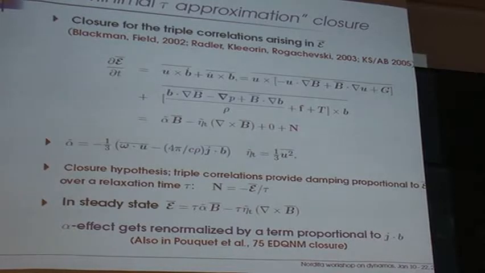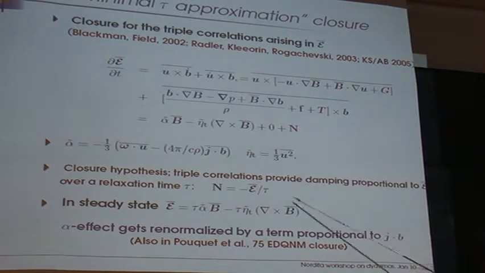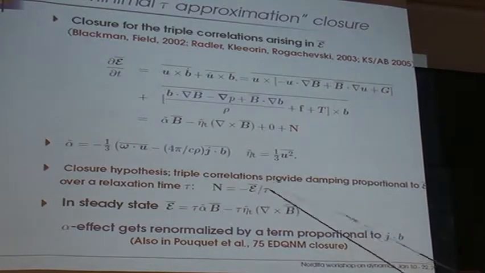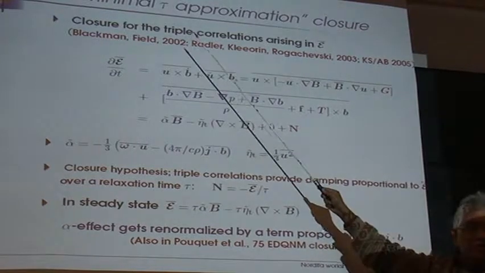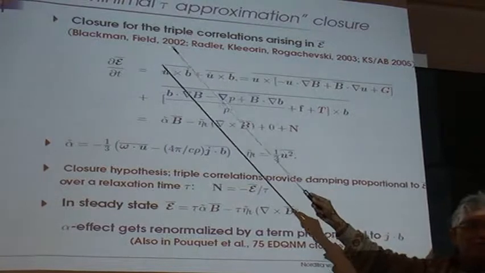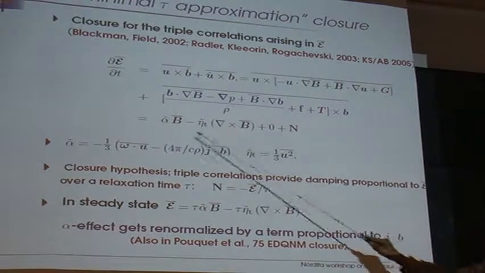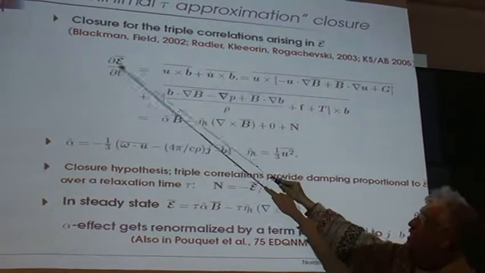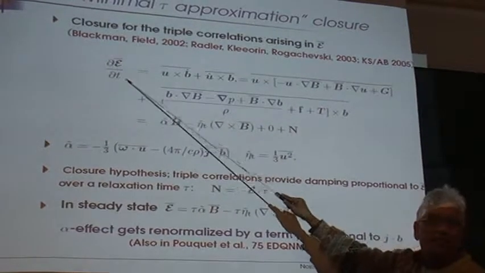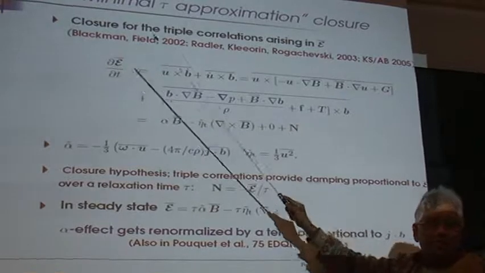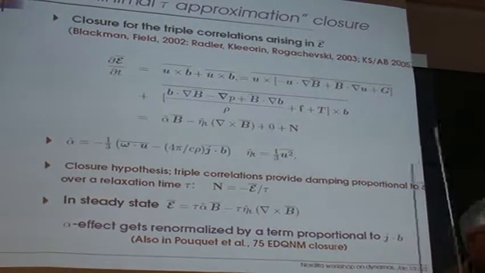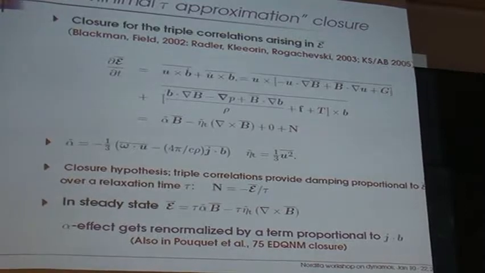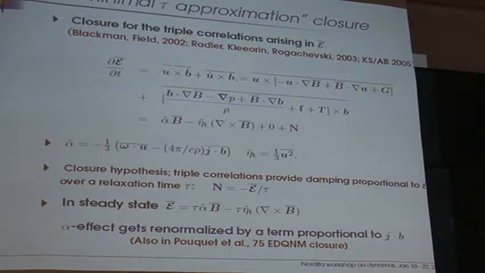And so if you had a system where there was no B bar, you should get just dE bar by dt should be just damped to 0. The E bar should be just damped to 0. That is the kind of simple motivation. So if you had none of these B bar terms and you just had this term, then you will have a simple differential equation, dE bar by dt plus E bar by tau equal to 0, which just exponentially damps E bar to 0. So if at some stage you switch off the mean field somehow, then the electromotive force should disappear. That is the requirement.